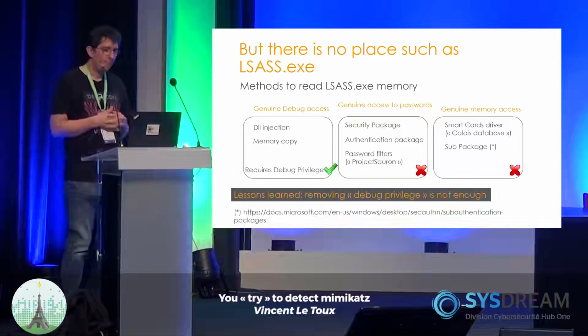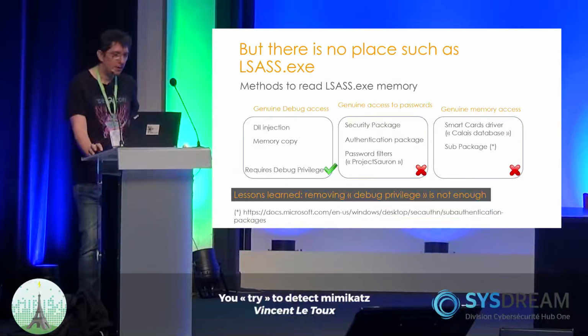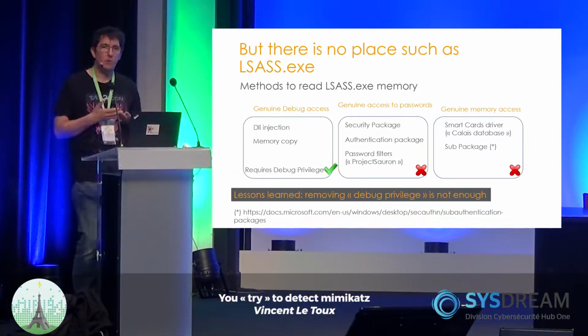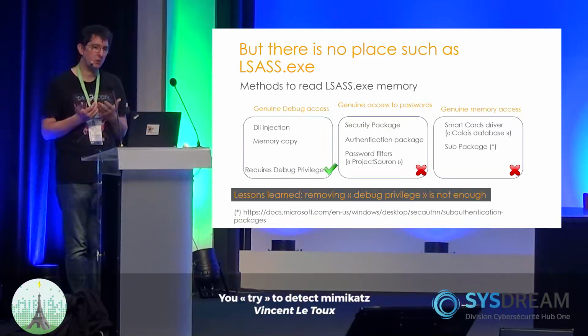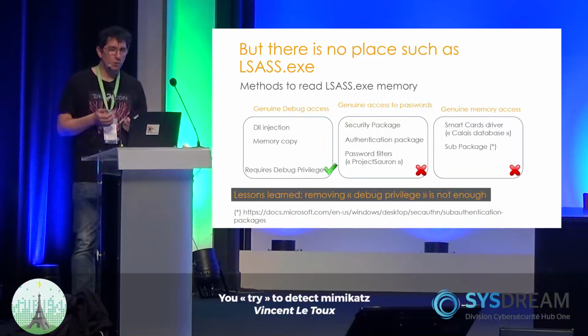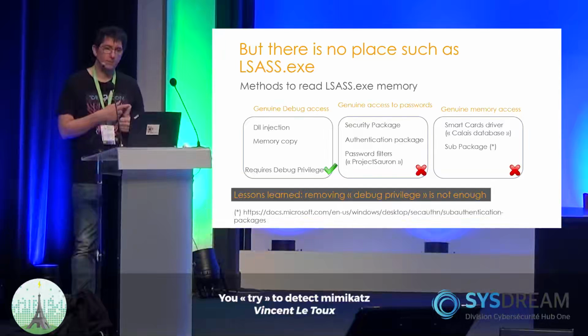So for example, what is mimikatz doing? You can inject a DLL, you can just copy the memory, and with the debug privilege, you can grab the credentials. But this is not the only way to get the credentials. You have what we call the security package.